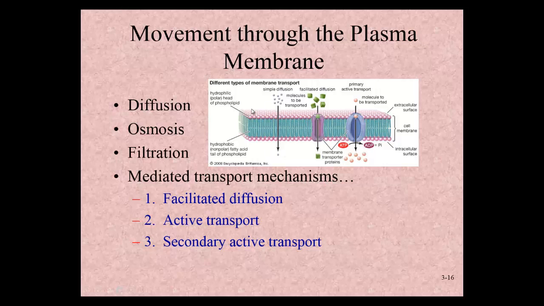Things that are water-soluble, on the other hand, do need to be transported. So here we see there are special protein carriers to allow those substances to cross that fatty core. And we'll talk about the special transport mechanisms that involve these protein carriers.